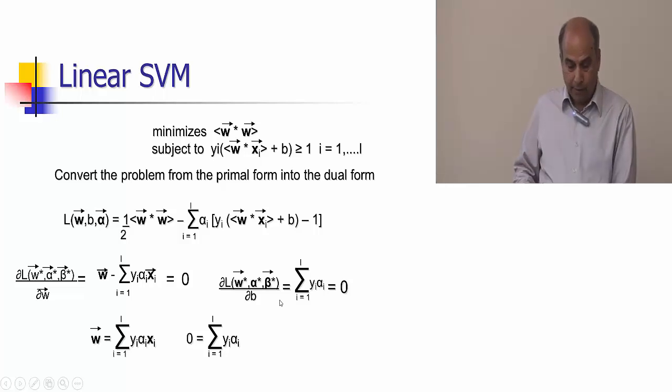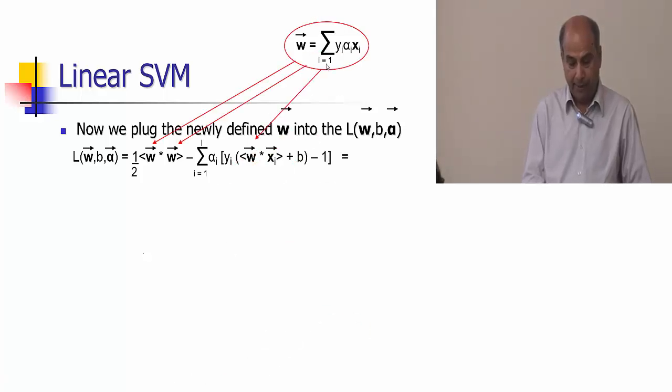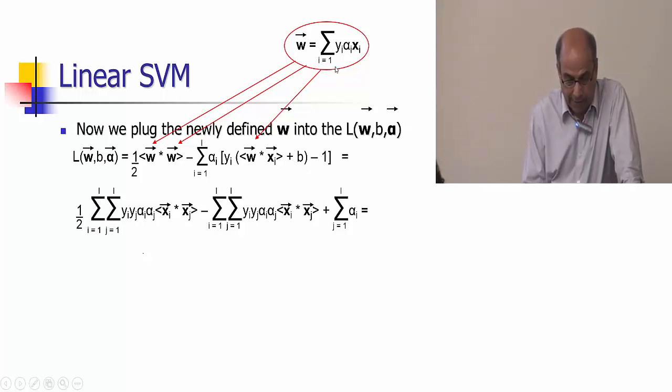So now we are going to continue this, and we will substitute what we found out, w and the other constraint. This is the original thing we have. Now we are going to substitute w, which is shown here, the sum of yi, alpha i, xi, and this is the w.